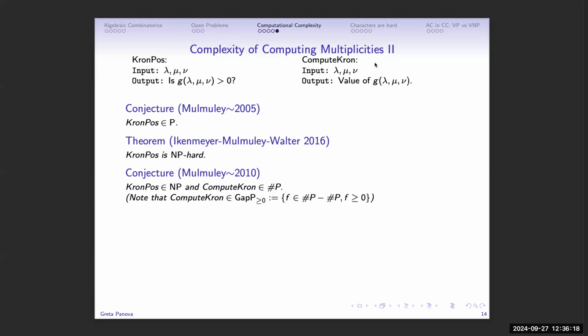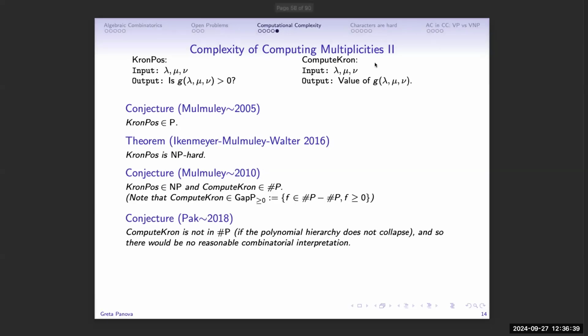So two positive exponential sums of various nice objects, but the cancellation of the terms in the difference is totally not clear. In that sense, this is the closest class you can think of. And then my collaborator Igor went the opposite direction and conjectured that the Kronecker is not in Sharp-P, under, of course, some complexity theoretic assumptions, because we're not really going to prove P is not equal to NP. And then there wouldn't be a combinatorial interpretation.